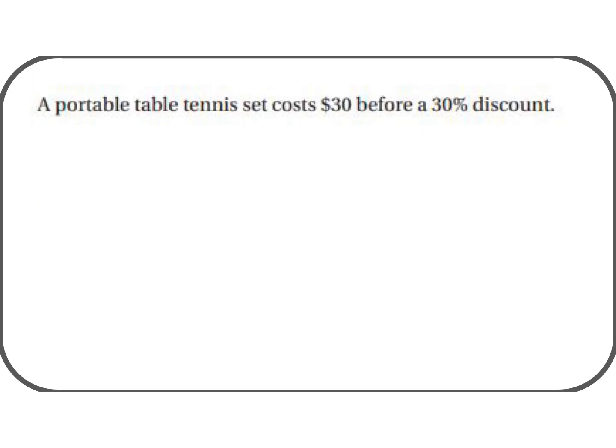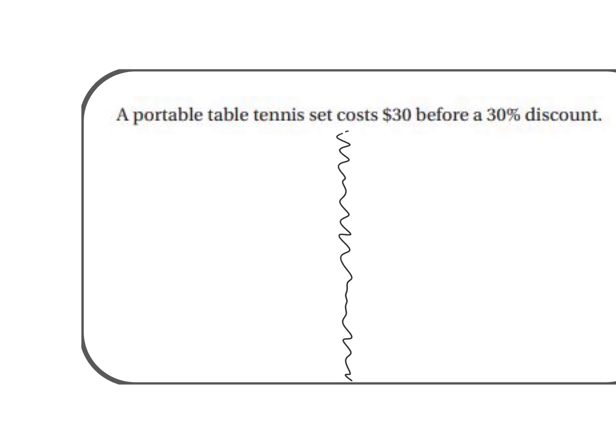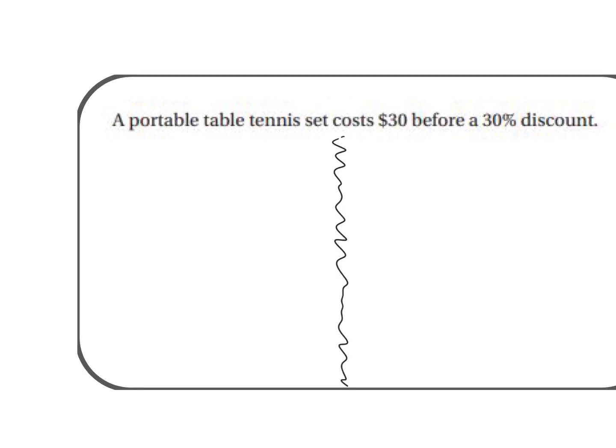Looking at another example, I kind of want to show you just another version of those two methods. Okay? So method 1 has us finding an amount of discount and then subtracting that dollar amount away from the original. It says a portable table tennis set costs $30 before a 30% discount.